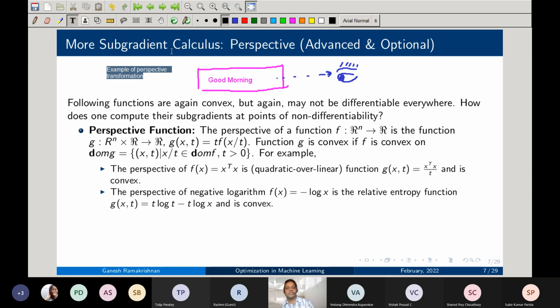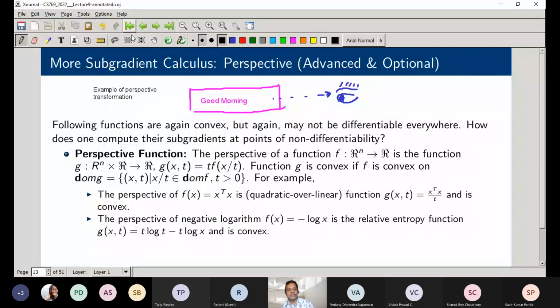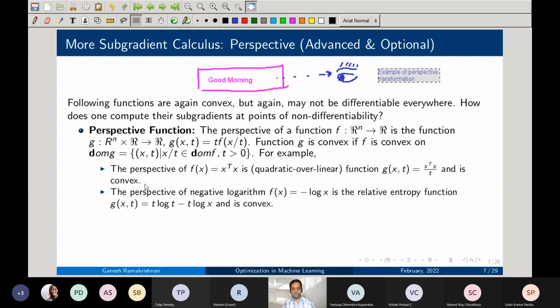This function that does this transformation is an example of a perspective function, which is a convex function. How does it look? Perspective of function f is this function g. Now what g has done is it's added one more coordinate to project. Now I have shown a side view.